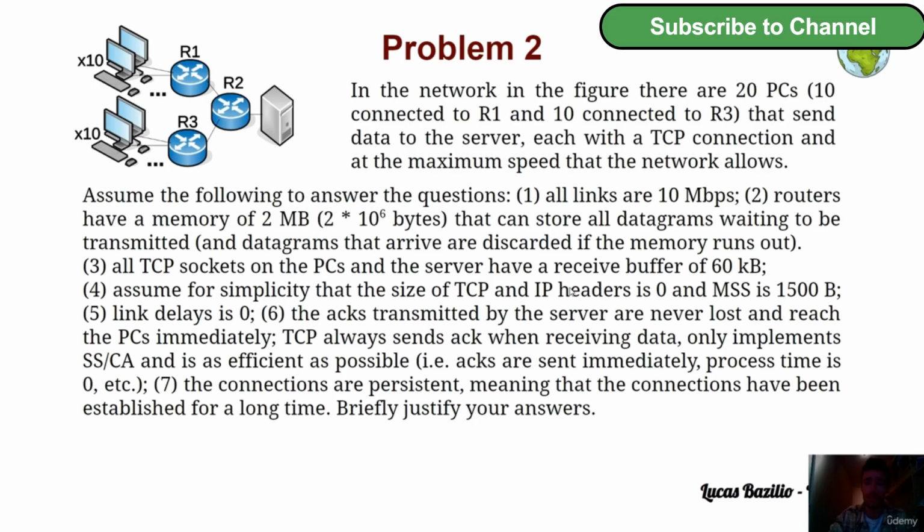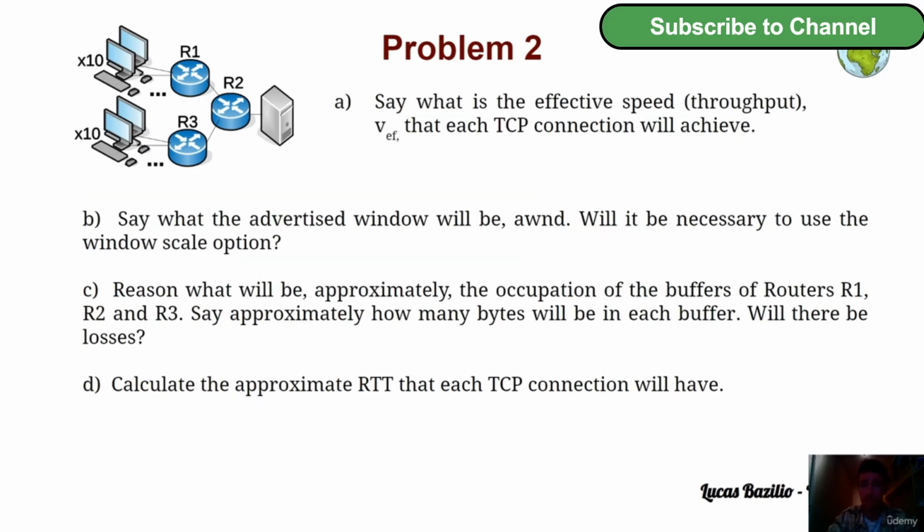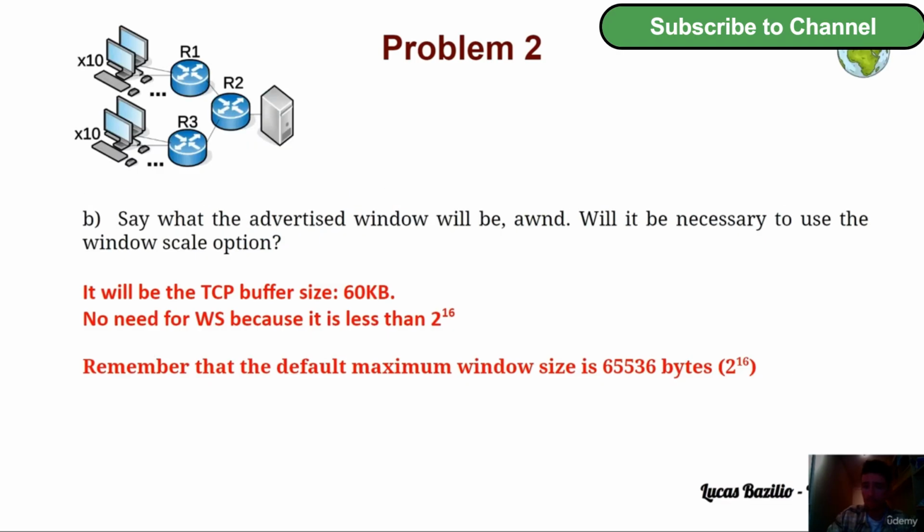Now, to the other question: will it be necessary to use the Windows scale option? First of all, remember that Windows scaling is a mechanism that allows for the expansion of the TCP receive window size beyond its default maximum value. To reason whether we need to use it or not, we only need to remember that the default maximum window size is 2 raised to 16 bytes, so 65,536 bytes.